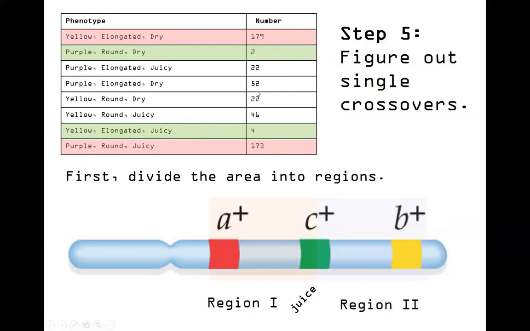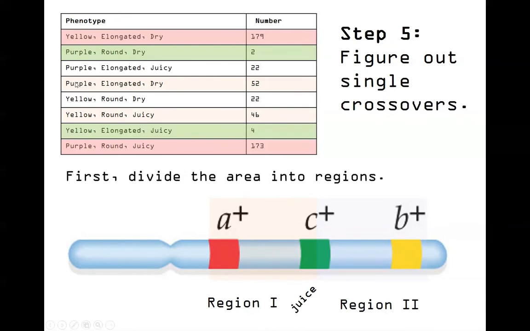So 22 and 22 are going to match here. 52 and 46 are going to match here. I'm going to start with the 52 and 46 and these two categories to work in region 1. And we have to remember, again, the phenotype will tell us which gene is going to be the one that is decoupled. What is the trait that's decoupled here? So I'm going to end up looking at this, and if we put these together, we have purple, elongated, and dry.